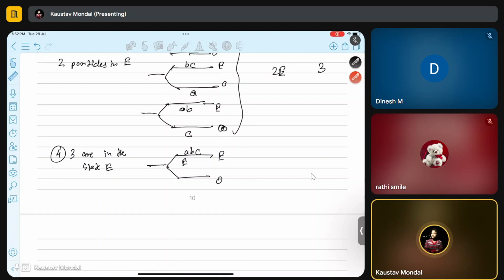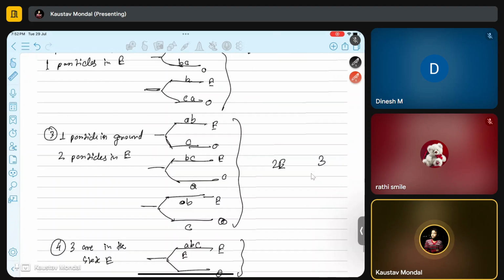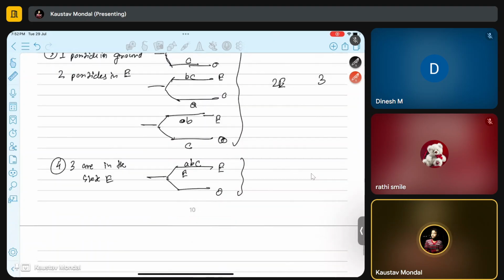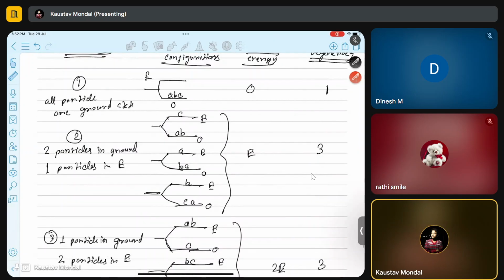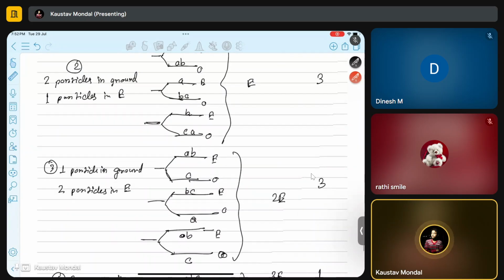So the total energy is 3E and the number of configurations is 1. So these are the four possible states, with all the possible configurations, total energies and degeneracies.